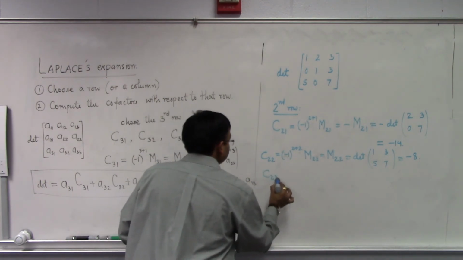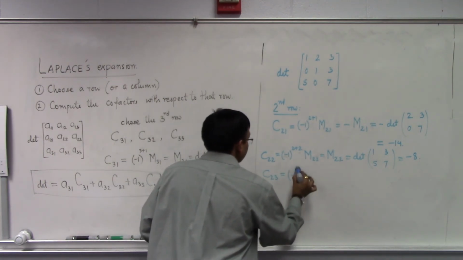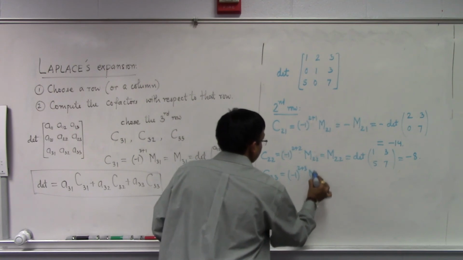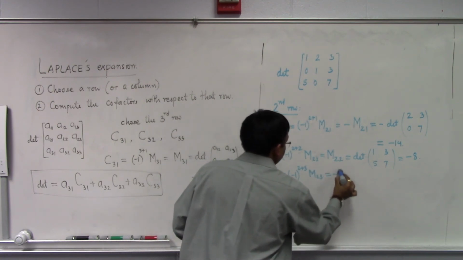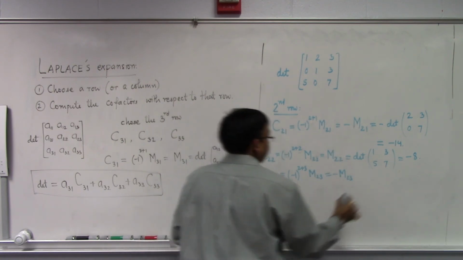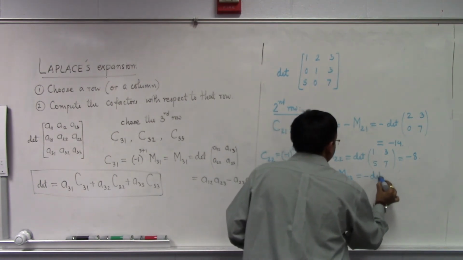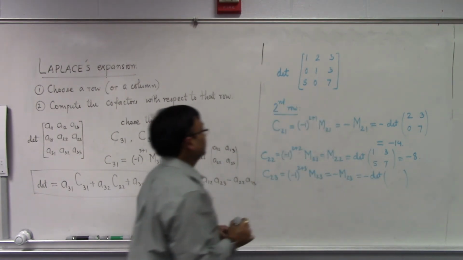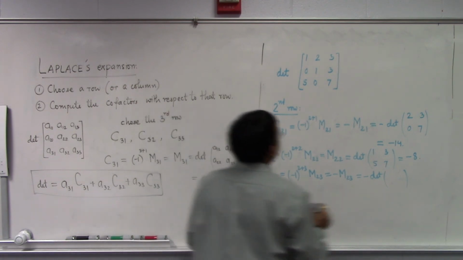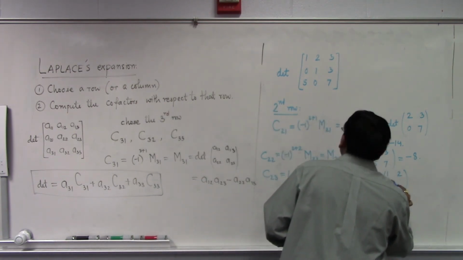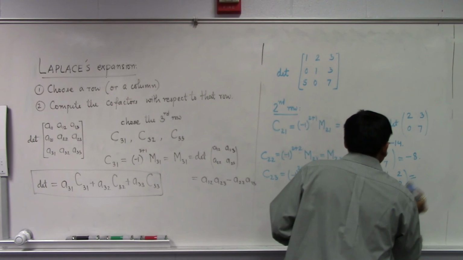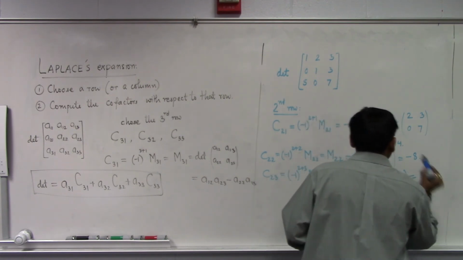And then I'll get C23, which would be minus times the determinant of the matrix obtained by deleting the second row and the third column. And this will turn out to be 10.